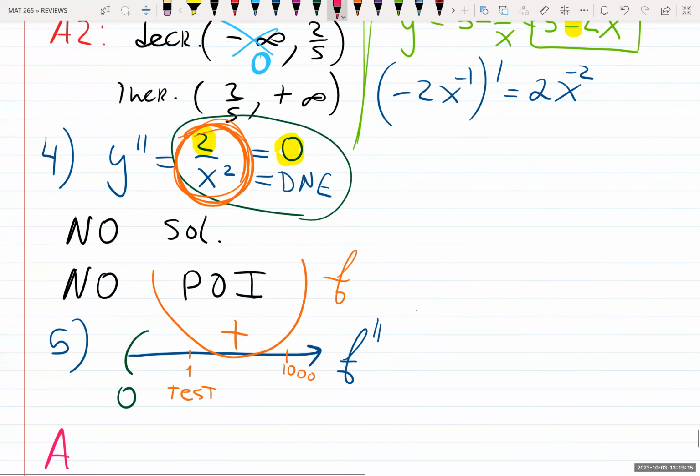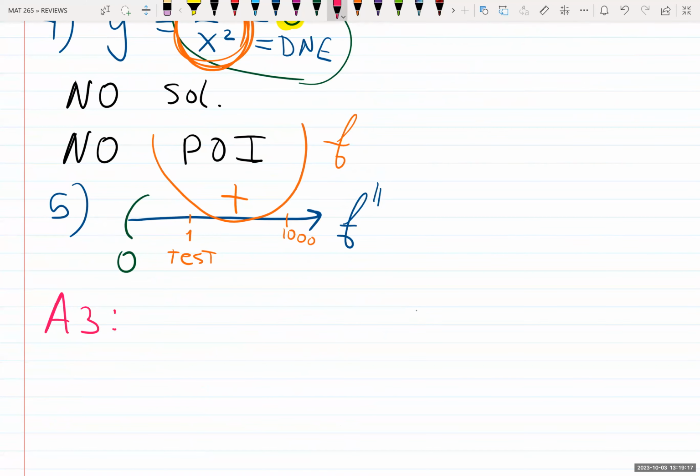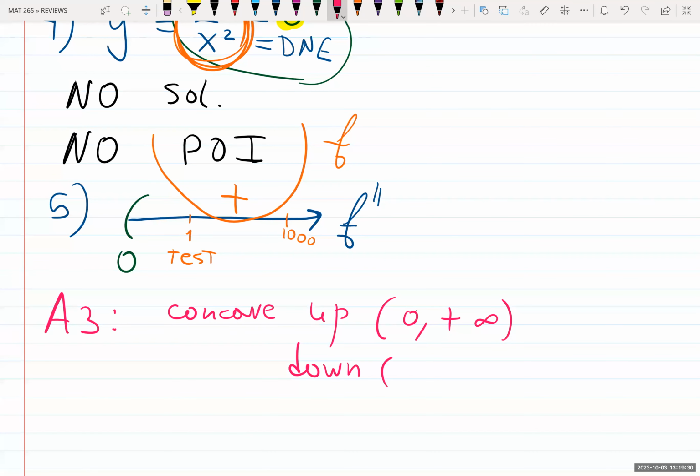Answer 3 says concave up everywhere in the domain. That's from 0 to plus infinity. Make sure you remember that x has to be positive. Concave down, nowhere, none. People also say nowhere.